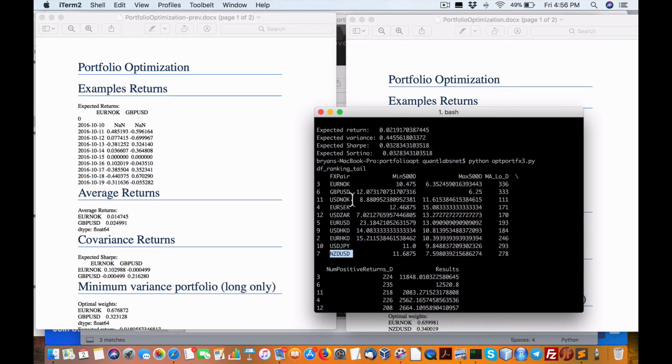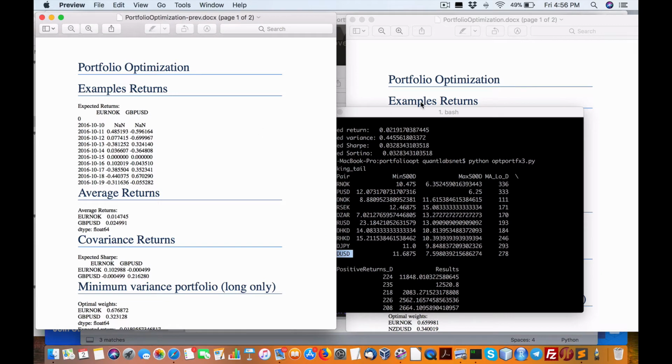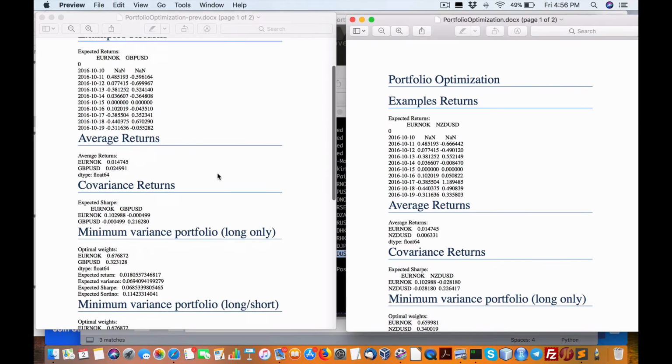The reason I'm doing this is, if we do a long and a short, we would expect to get the best returns on the long if it's long only. And if we use long and short, we also combine that with the worst, but best return potential for the shorting end, which is this one, because it's the lowest one, as a shorting opportunity. Okay, so let's take a look at the comparison between the two.